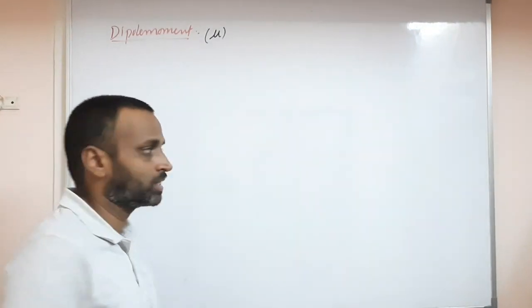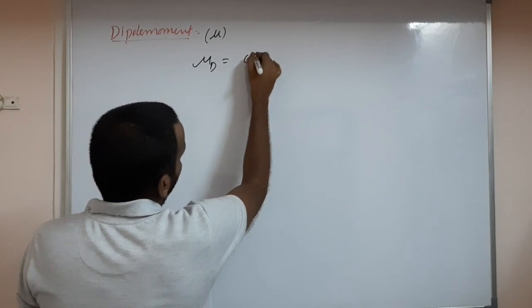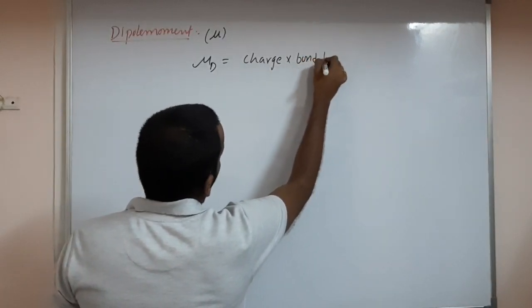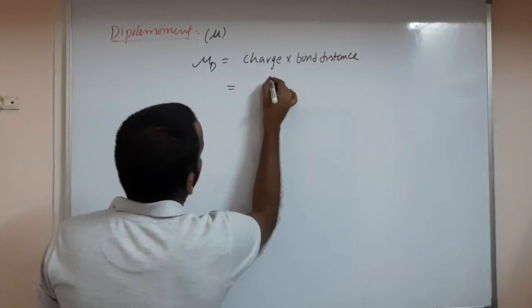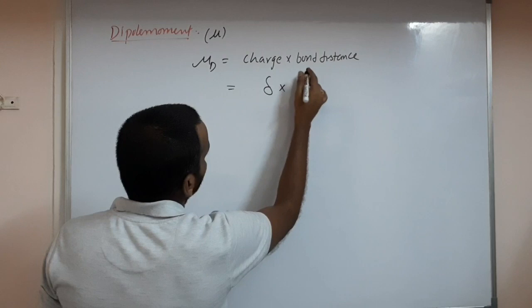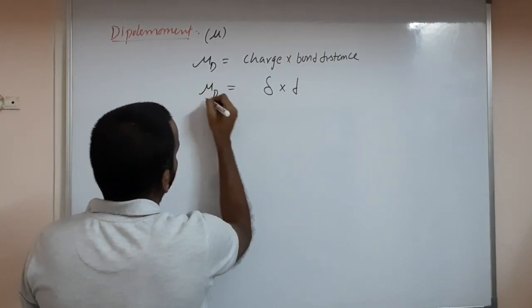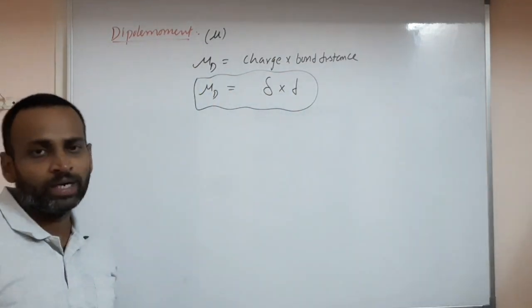Dipole moment, mu, equals the product of charge and bond distance. Simply charge delta into bond distance d. This is dipole moment. What is the use of this dipole moment?